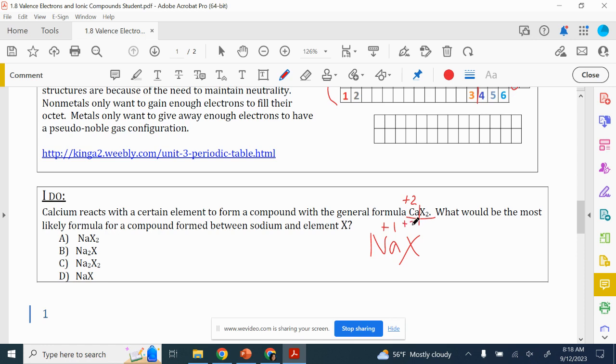So if this side is +2, this side has to be -2. I have 2 of them. So what is each one charged? -1. So if I go down and apply that to this formula, then it's a -1. So you're going to have this in a 1-to-1 ratio. So which one of these is in a 1-to-1 ratio?